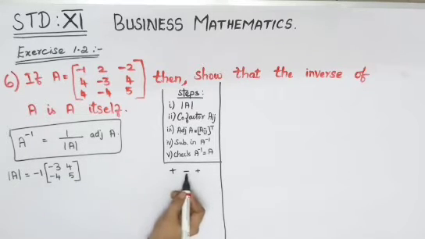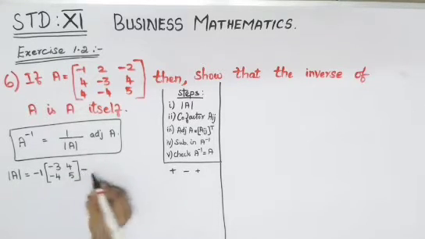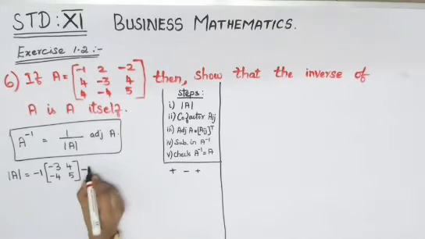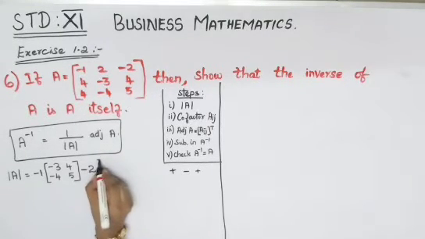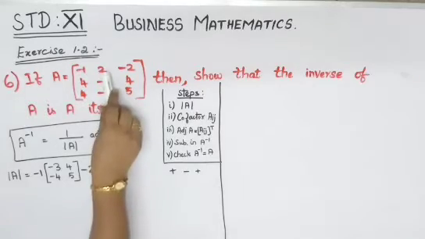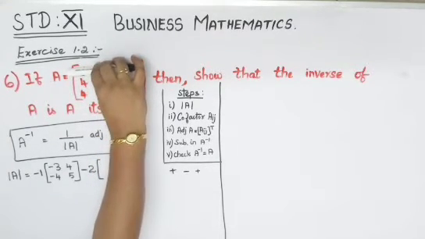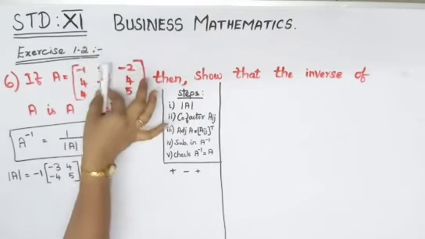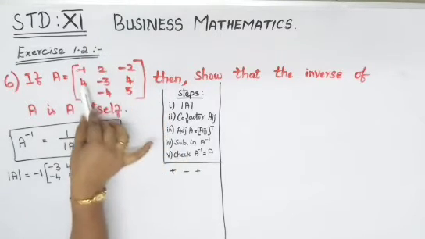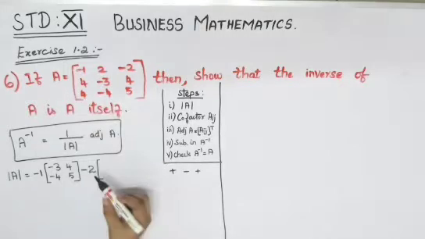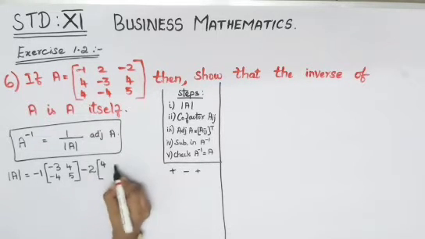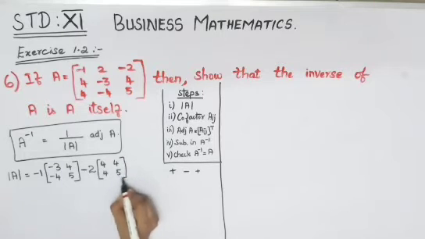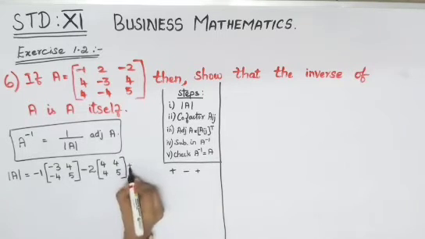Then minus is here, so put that minus here. Write the second term, that is 2, and open your bracket. For the minor of 2, the row and the column have to be eliminated. So this row will go and this column will go, and the left out terms are 4, 4, 4, 5. Then plus is there, so write that plus.